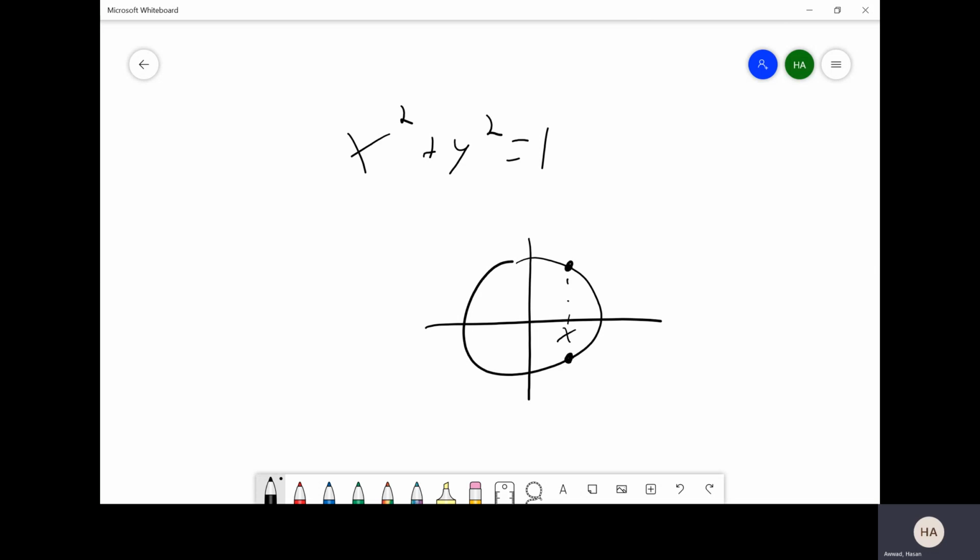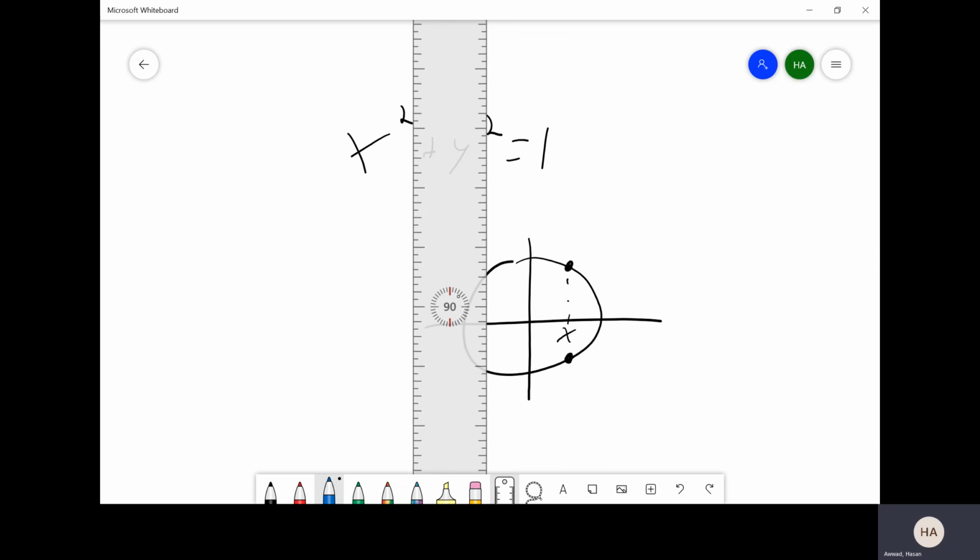Well, the easiest way that we can determine this graphically is we use something called the vertical line test. What this means is you just take a vertical line. I will use the ruler just so it actually maintains being vertical. You take a vertical line and you just draw it right down through your graph.